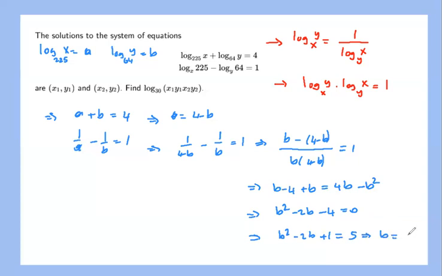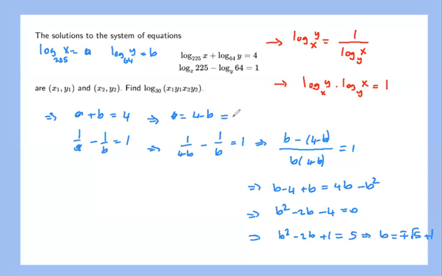So b has to be plus or minus root 5 plus 1. Okay, so this is my b value. If I plug it into this equation, I can get the a values as well.